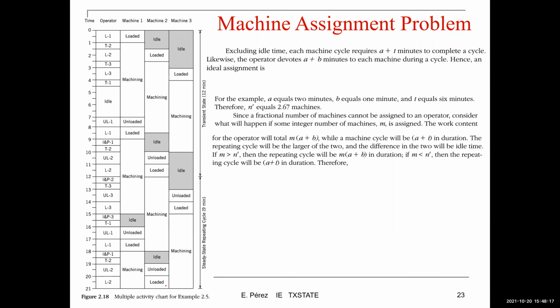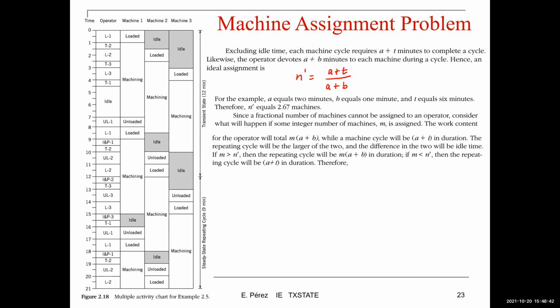Likewise, operators devote A plus B minutes to each machine during a cycle. Hence, an ideal assignment is given by this equation: N prime equals A plus T divided by A plus B.